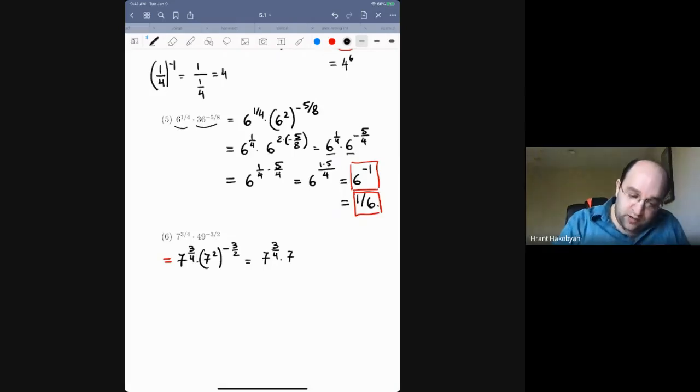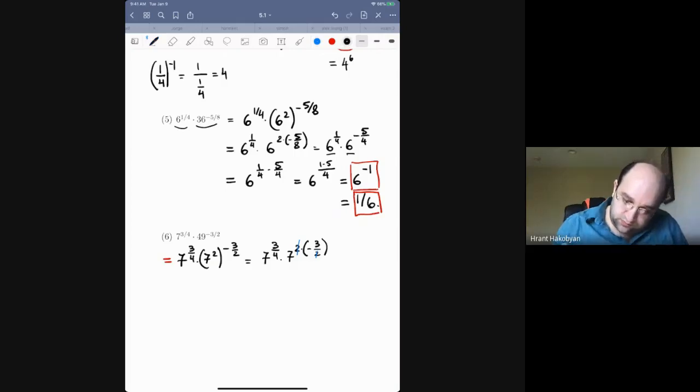Now again, I have a power of a power, right? So the powers multiply. So I get 2 times negative 3/2, and of course, these 2s cancel. All I have is 7 to power negative 3 for the second term.